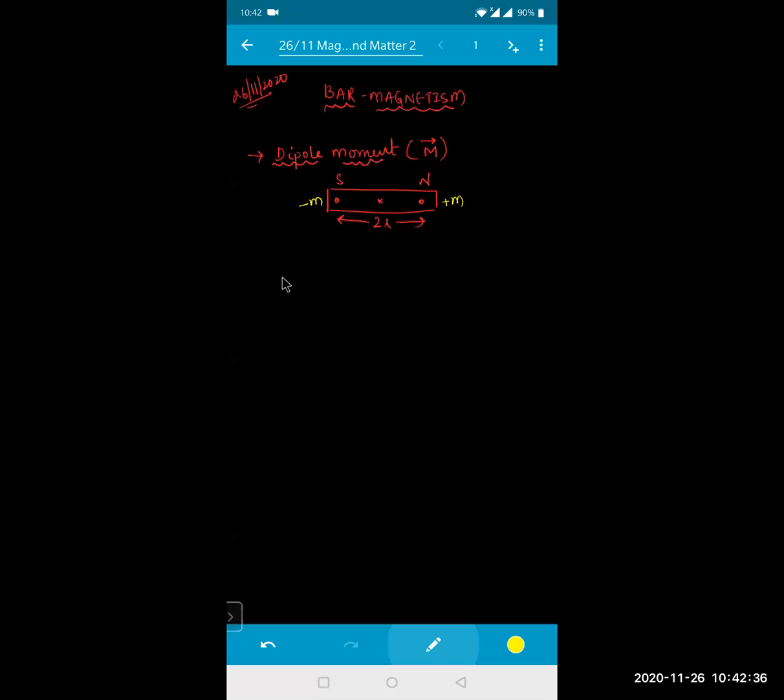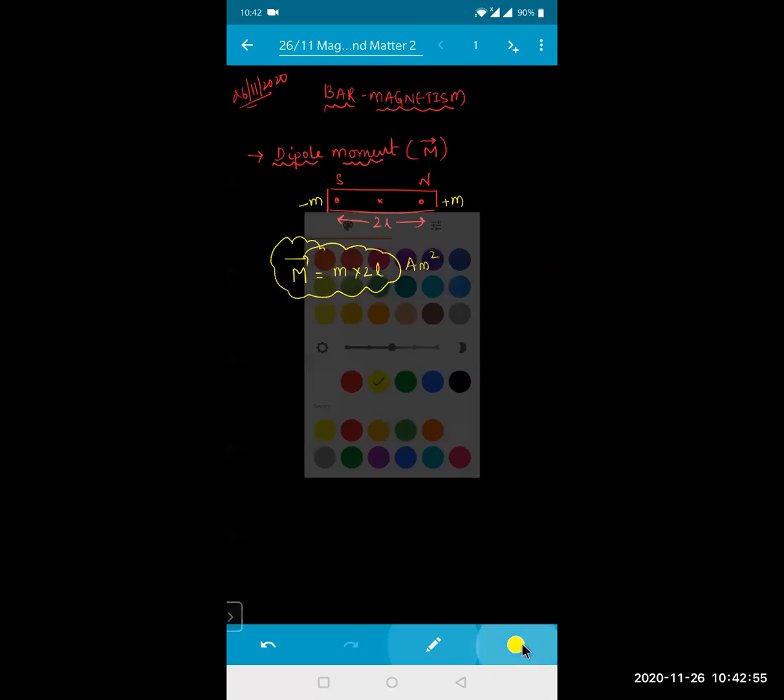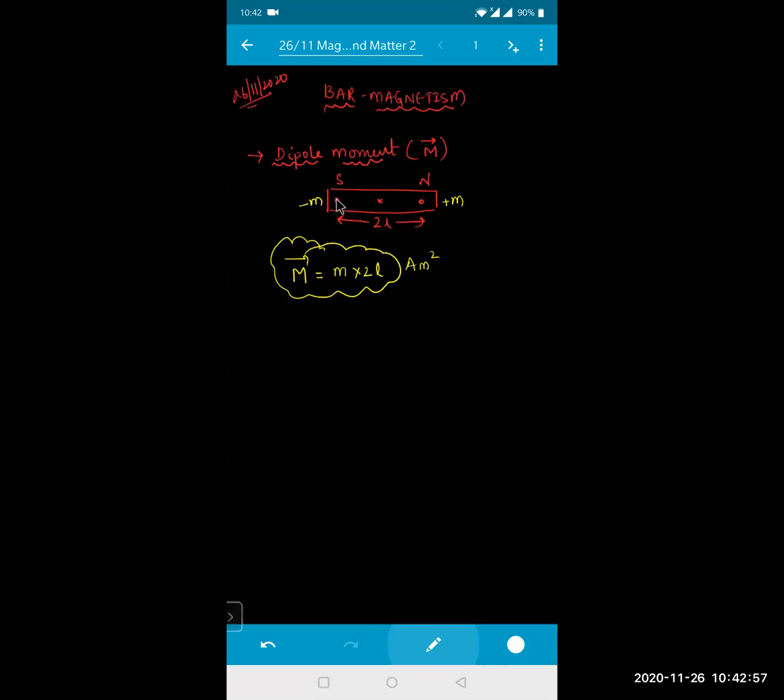I told you magnetic moment is always what? The formula: m bar is equal to the product of pole strength, that is m, into 2L. M into 2L, and the unit is ampere meter square.